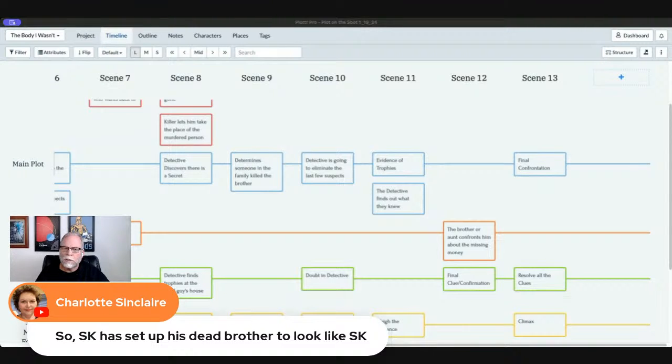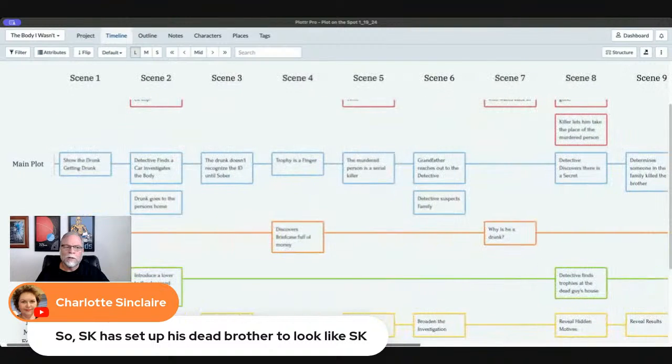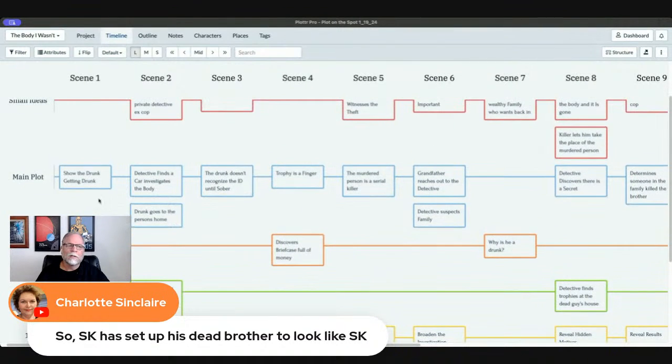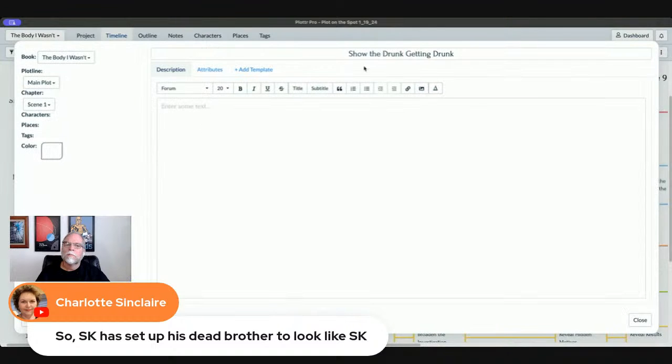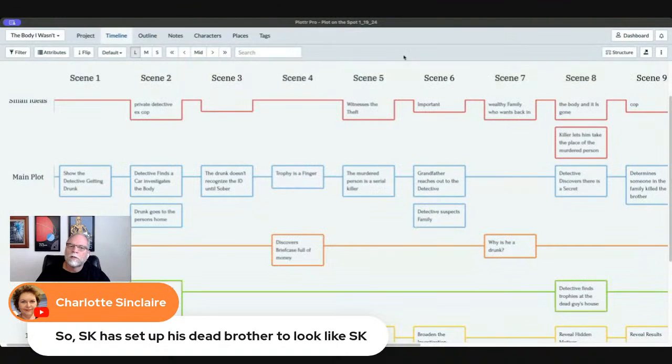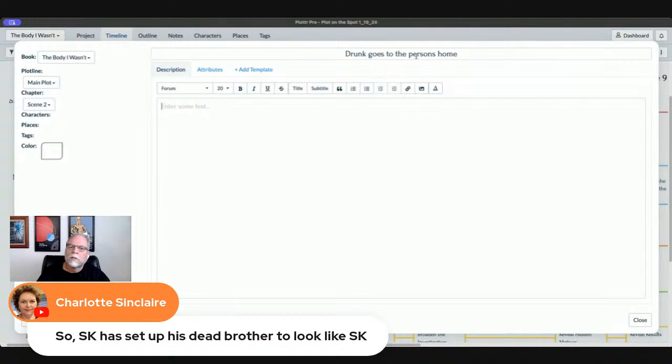Let's go back and see if we can clean it up a little bit, because we've got like 15 minutes left till we have our final plot. We're not going to call this a final plot. So let's change this a little bit to show the detective getting drunk. Now that we've changed that, finds a car, investigates the body, goes to the deceased person's home.